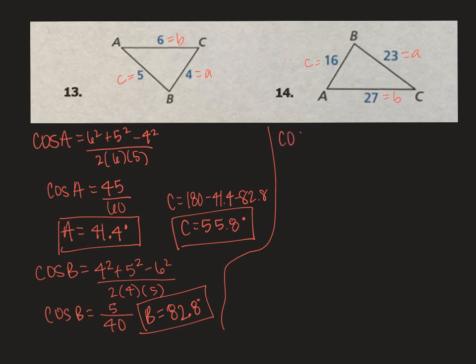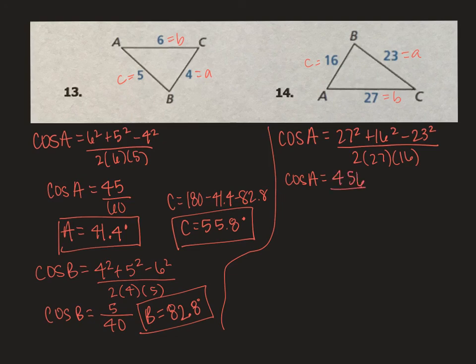So if I start with angle A, 27 squared plus 16 squared minus 23 squared over 2 times 27 times 16 is 456 over 864. When I do my inverse cosine of 456 over 864, I get an angle of about 58.1 degrees.